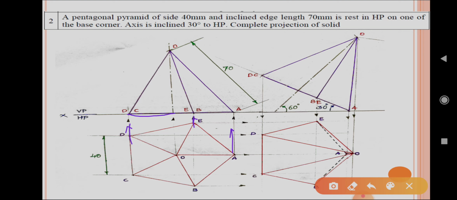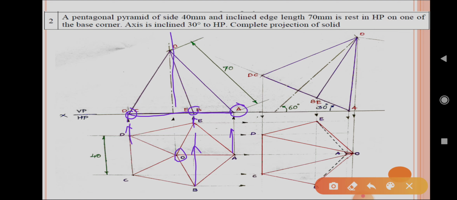So this is the horizontal base. First we mark point A here, and the remaining B and E will be present on the same point here, and D and C present here. For the apex O we draw a vertical line.